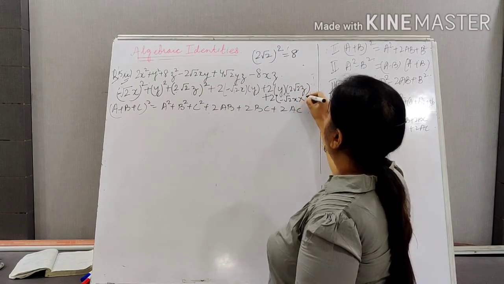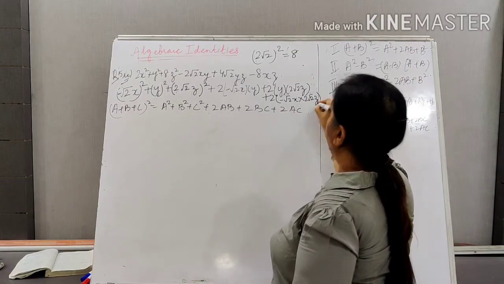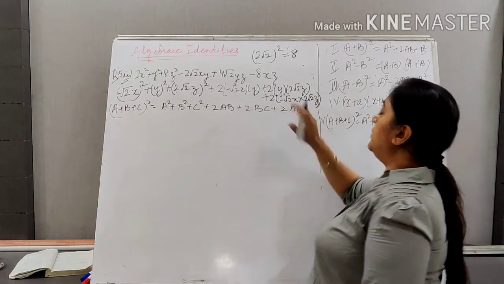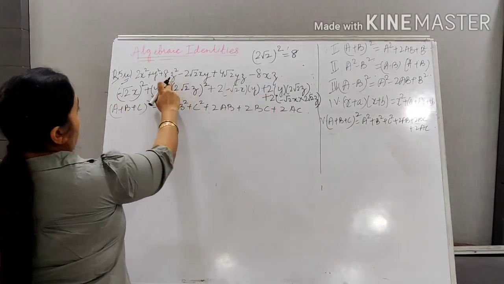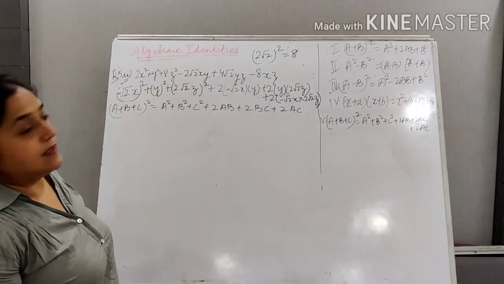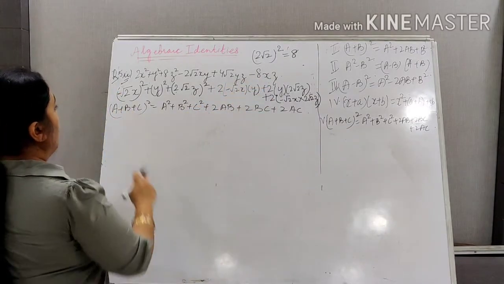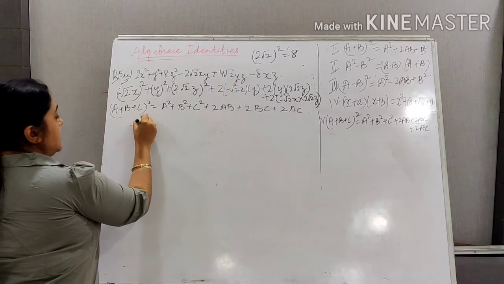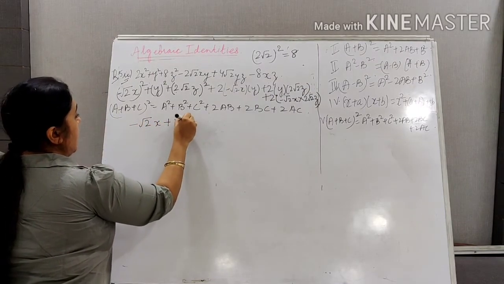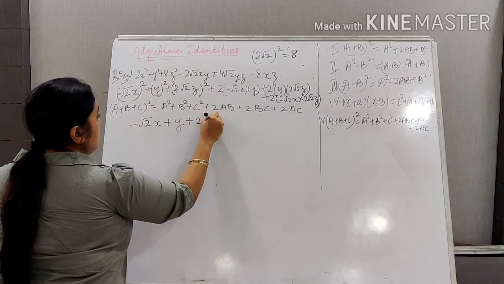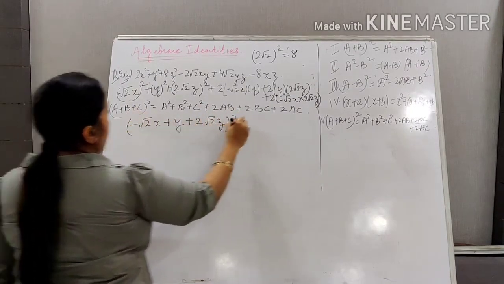It is 2 root 2 z. So 2 root 2 into root 2 becomes 4, 4 into 2, 8, which is the same as 8xz. So what is the answer? Your answer is (minus root 2x plus y plus 2 root 2 z) whole square.